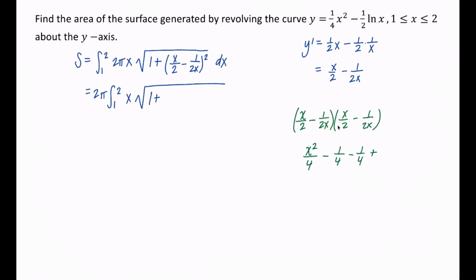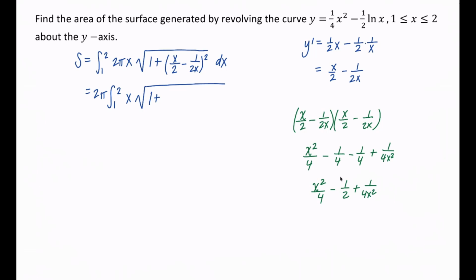And then finally plus 1 over 4x squared. These middle terms combine: minus 1/4 and minus 1/4 is minus 2/4, or minus 1/2. So I'm going to have x squared over 4 minus 1/2 plus 1 over 4x squared.